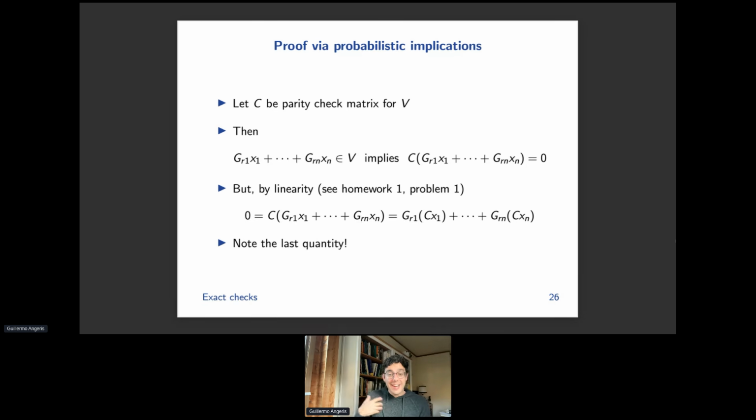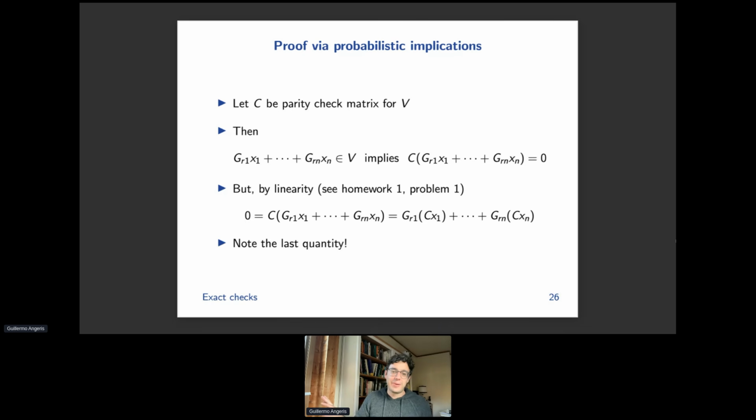Now, by linearity, C is a linear operator. We take the right-hand side of the first implication and move it down here to the bottom left. C is a matrix, and so C times the sum of a bunch of vectors is the same thing as the sum of C times every single vector. Another way of saying that is, C times the linear combination of the xi is the same thing as the linear combination of C times the xi's, which is the equality we have here on the right-hand side.